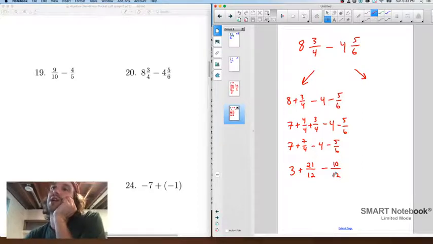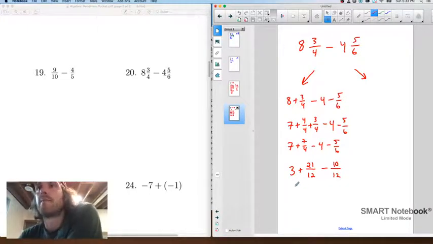Perfect. So now we have a bigger number minus a smaller number. If we had done it before with 3/4, it would have ended up being 9 minus 10/12, which would have been kind of a problem. Okay, so our final answer will be 3, and 21 minus 10 is 11/12.